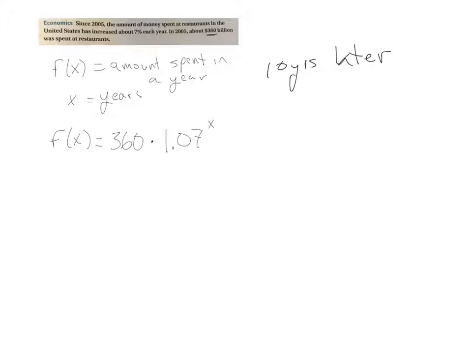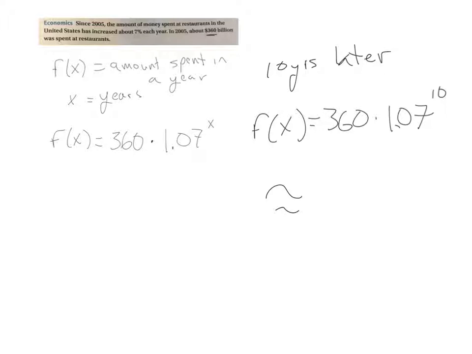Which looks like this. f of x is equal to 360 times 1.07 to the 10th power, which if we do on our calculators gives us about 708 billion. Okay. Good.